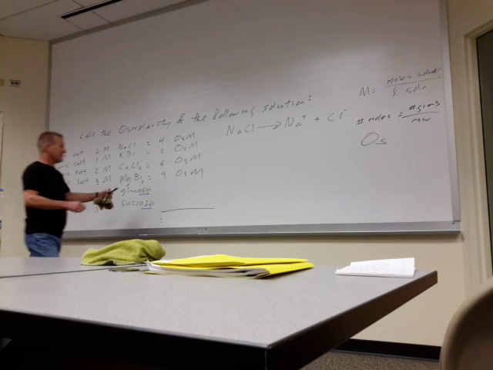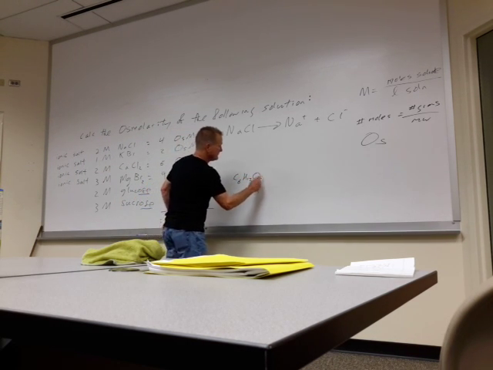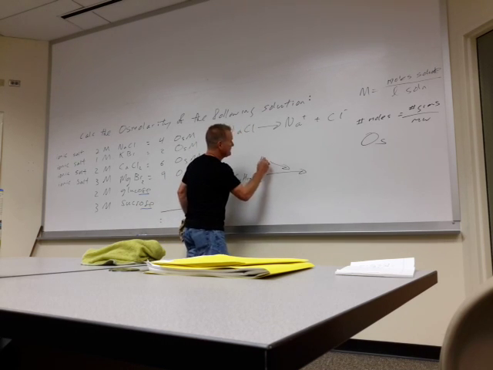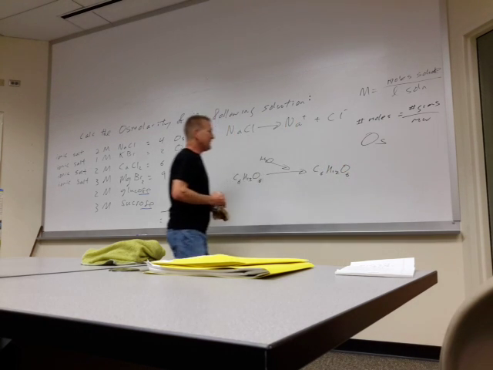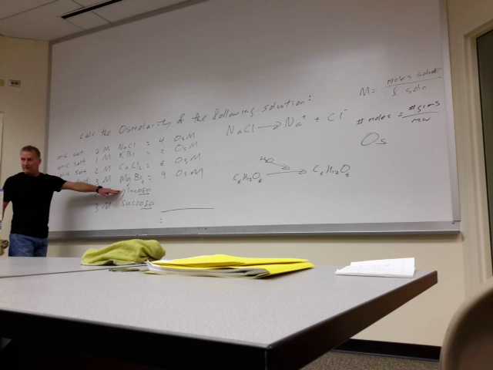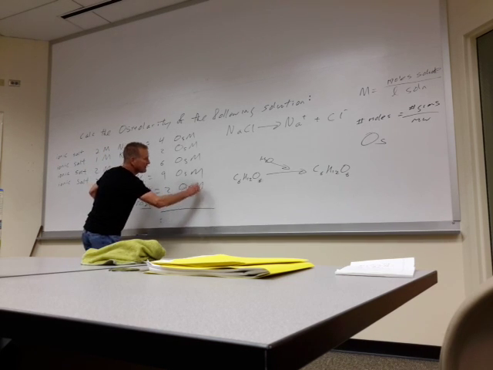So if we take glucose and we put it in water, nothing happens to the bonds between the atoms because they're covalent bonds. They're not ionic bonds. So this is one particle. 1 times a molarity of 2 gives us 2 osmolarity.